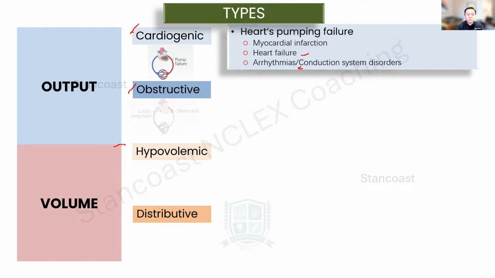And so the obstructive type of shock is going to happen when something outside the heart physically blocks the blood flow. That's why it's called obstructive. There is a blockage in the circulation, especially the pulmonary circulation. Blockage, in a case of pulmonary embolism.